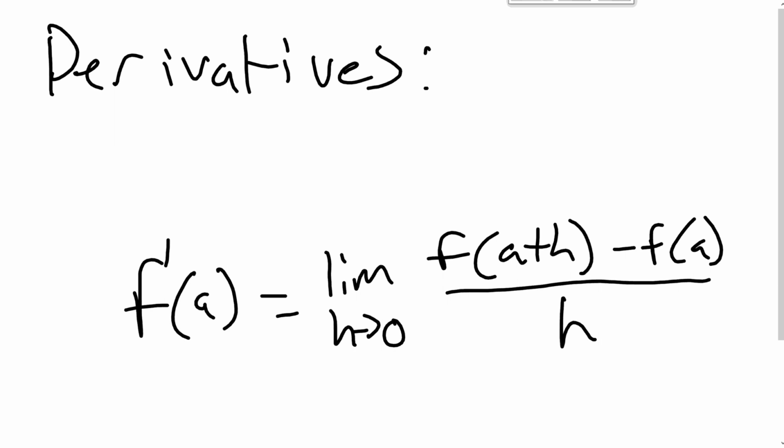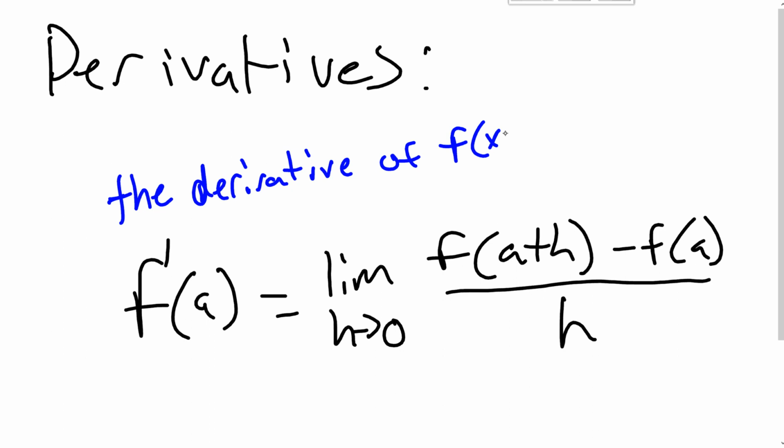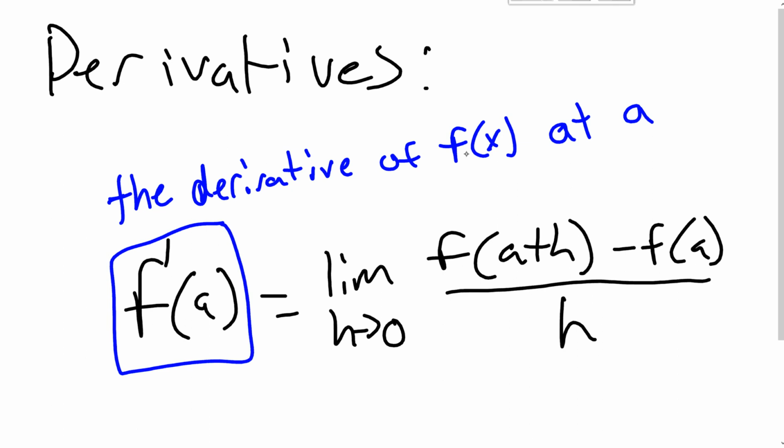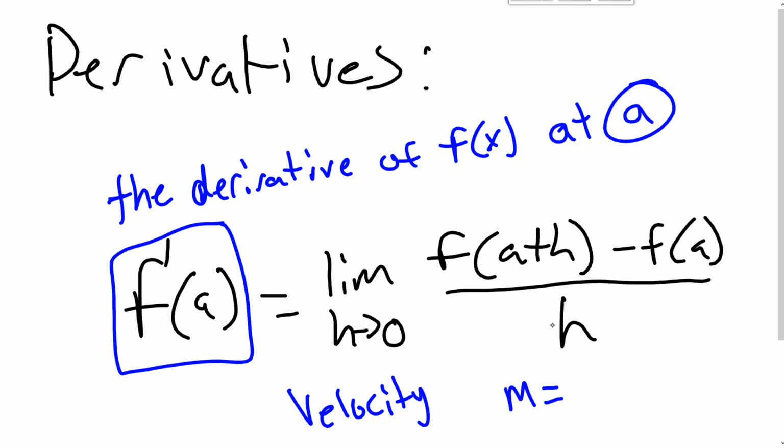So here's kind of derivative notation. This says the derivative of f of x at a. So this means either the velocity at a, or the slope of the tangent at a.